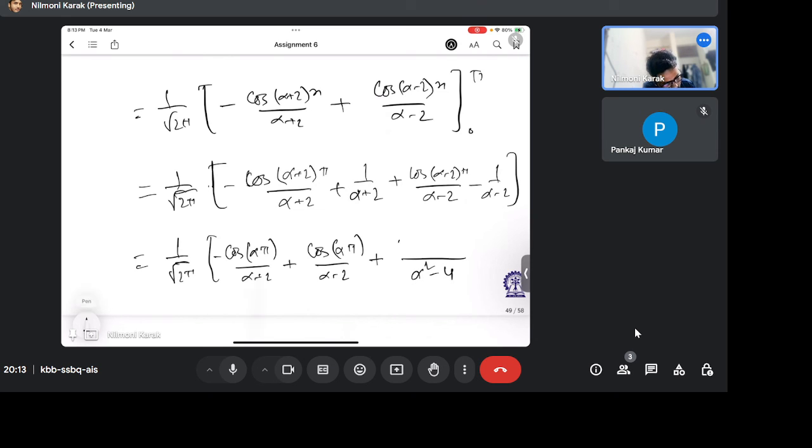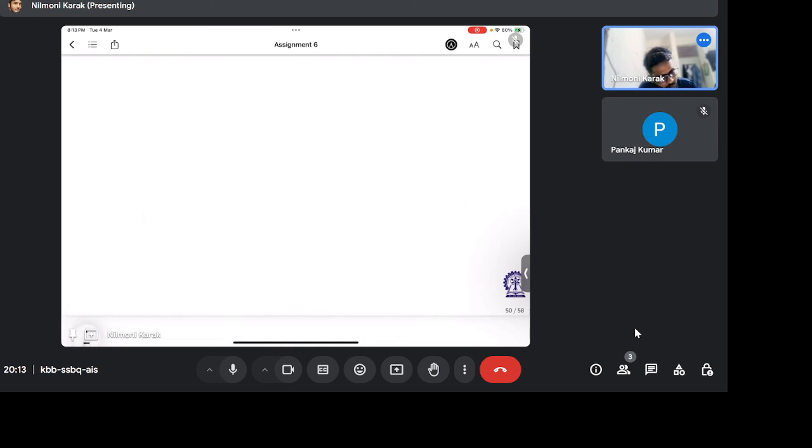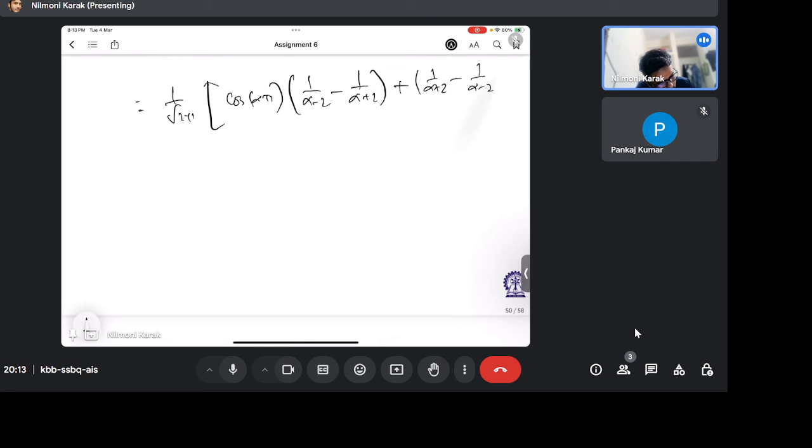We can do it at the same time, so 1 by root 2 pi. Now cos alpha pi is common: 1 by alpha - 2 minus 1 by alpha + 2, and here 1 by alpha + 2 minus 1 by alpha - 2.